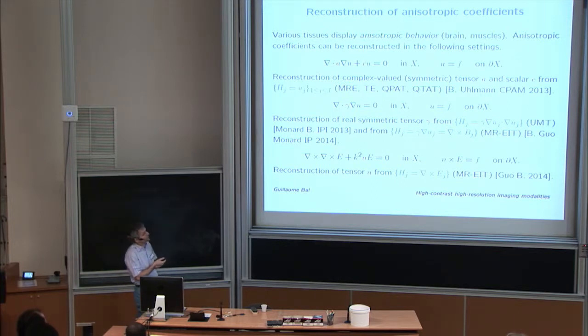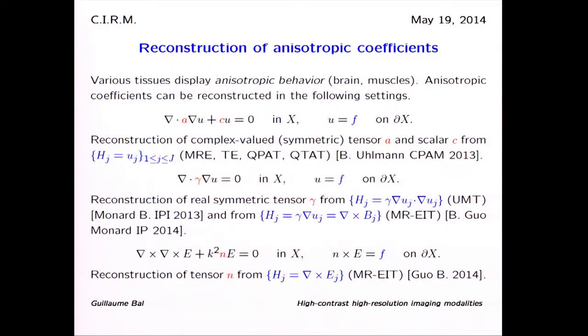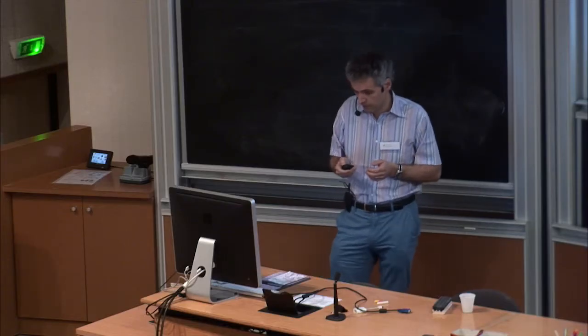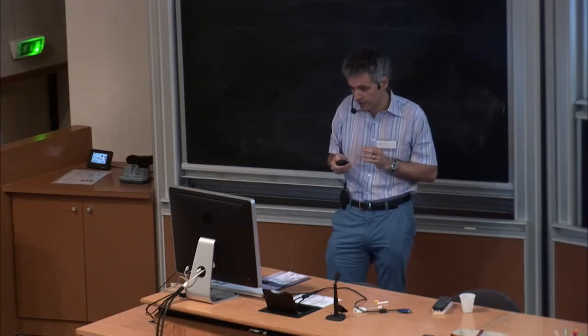Work that we did with Günther shows that if you have a sufficiently large number of U's, we know the solution now, then we can reconstruct complex valued and anisotropic coefficients with similar stability estimates to what I've mentioned. There's an elliptic theory behind all this that you have to go through. But we can do reconstructions for specific problems of interest of anisotropic coefficients. Okay, so that's the last point I wanted to make.